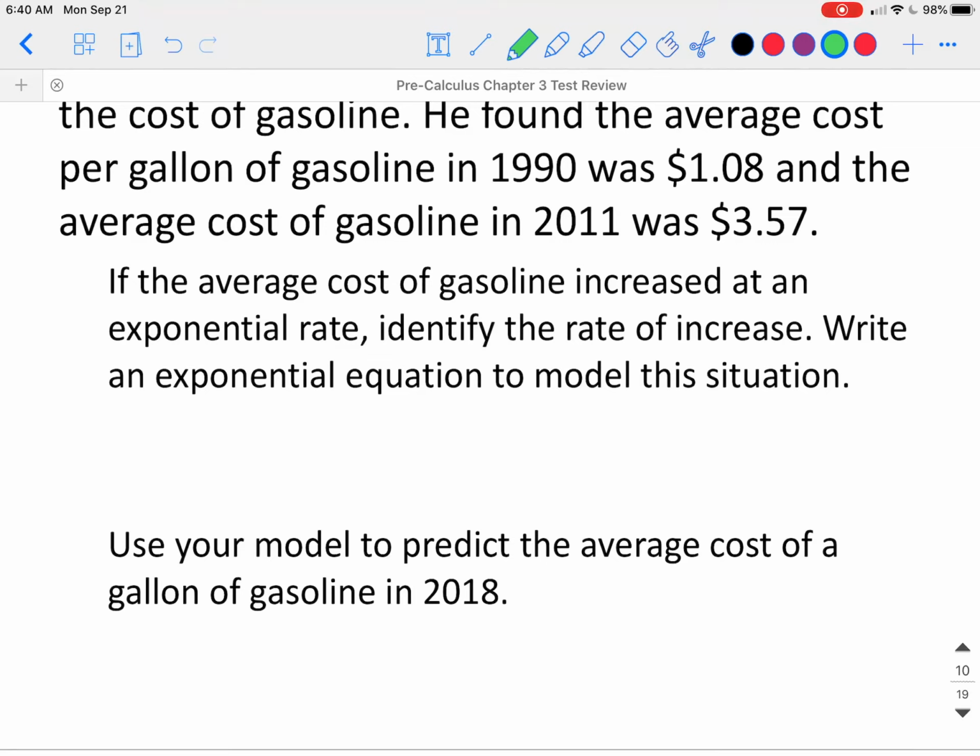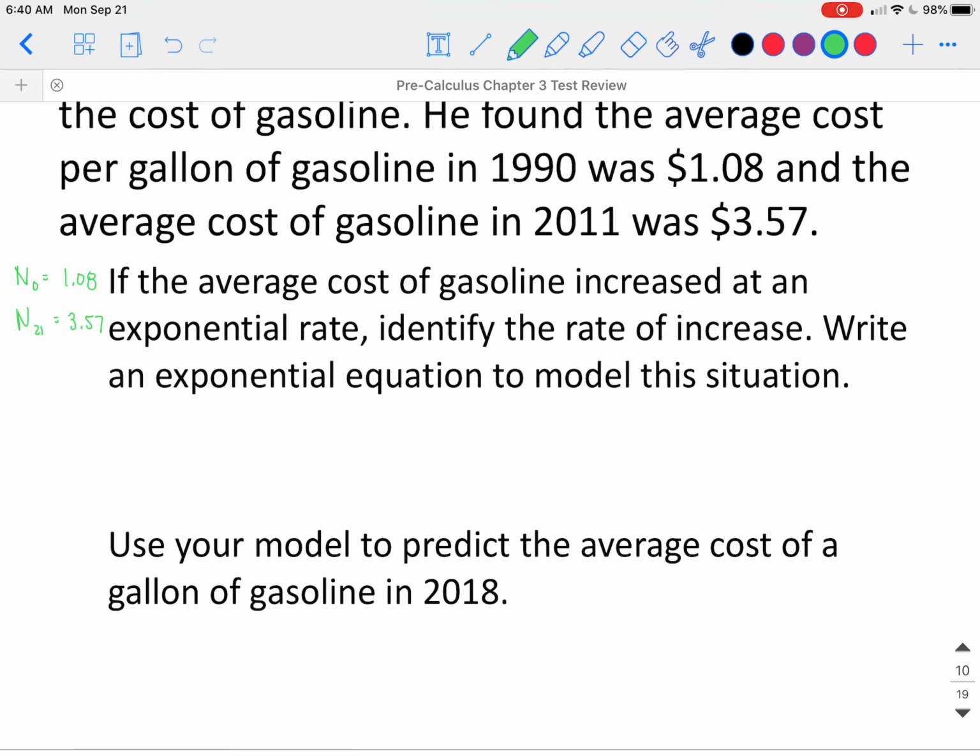So we know in year 0, or our n sub 0, that the cost was $1.80. We also know that from 1990 to 2011 is 21 years. So we know n sub 21 is $3.57.